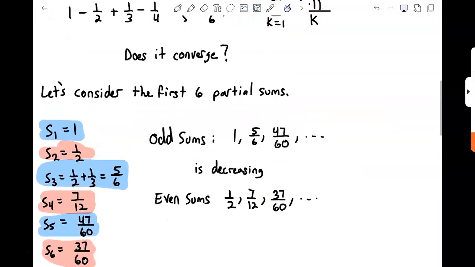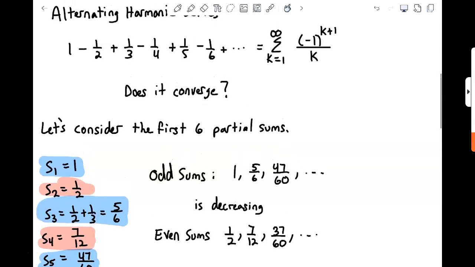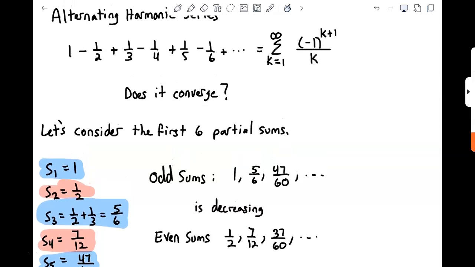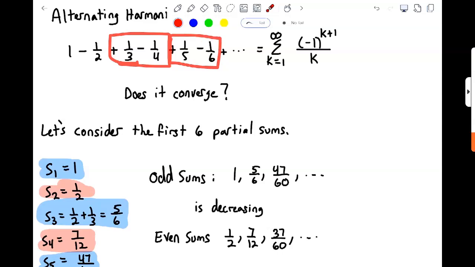And that pattern is going to continue, because if you go back to the terms, every time you get to the next even sum, you've added on a 1/3 minus 1/4. 1/3 is bigger than 1/4, so you've added on an amount to it. Then you're going to add on a 1/5 minus 1/6. 1/5 is bigger than 1/6, so you're going to add another bit, and then a 1/7 minus 1/8 will get added on for the next one, and so on.